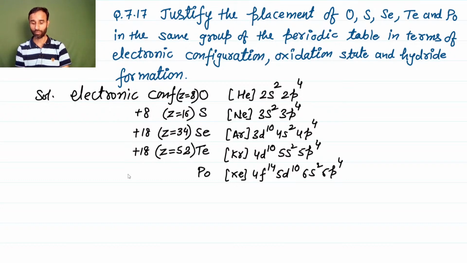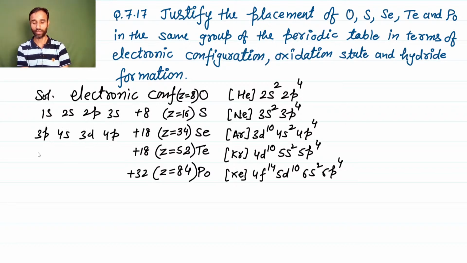Okay, then 32 more, so it becomes Z equal to 84. Okay, and the electronic configuration order is 1s, 2s, 2p, 3s, 3p, 4s, 3d, 4p, 5s, 4d, 5p, 6s, 4f, 5d, 6p.